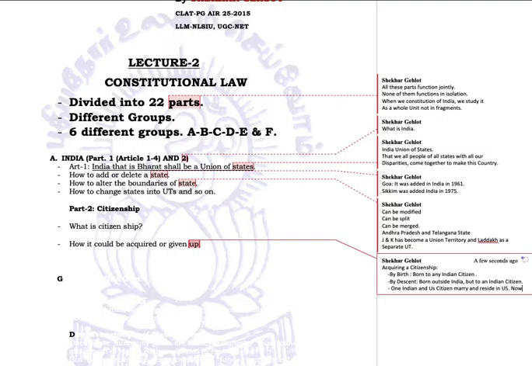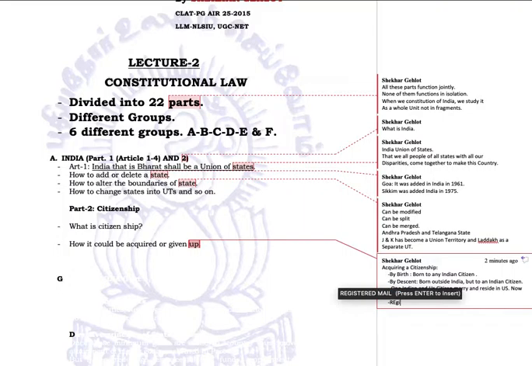Now the baby is born, now the child is born. Then this child can acquire Indian citizenship by using this clause, by descent. He or she could claim that when I was born, one of my parents was an Indian citizen, so I am eligible to be made an Indian citizen.